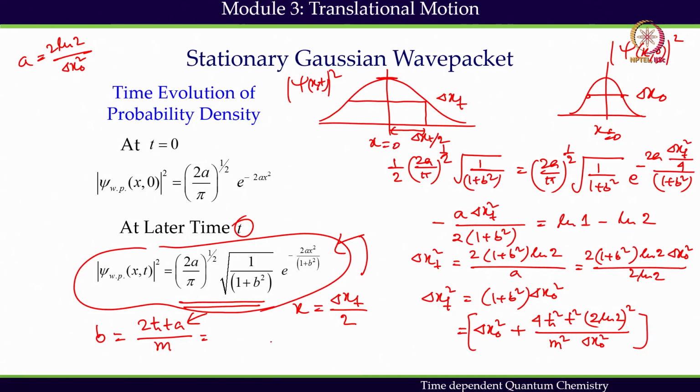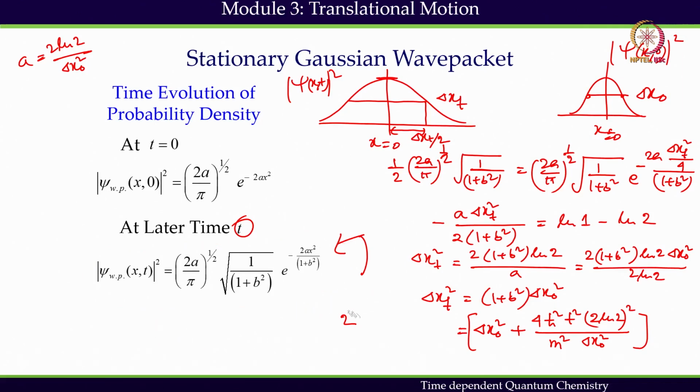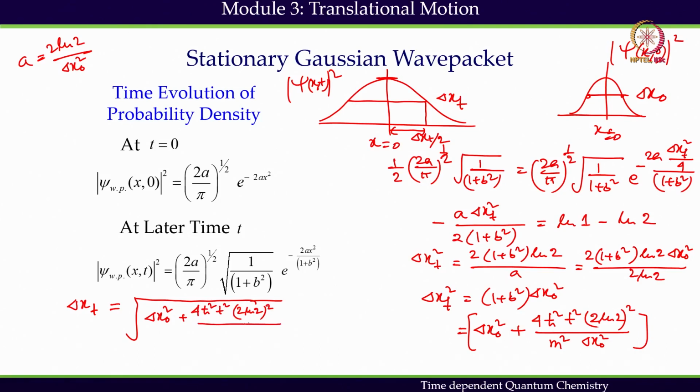Or on the other hand, I can present it as delta x t is going to be now square root of delta x naught square plus 4 h cut square t square 2 ln 2 whole square divided by m square delta x naught square.